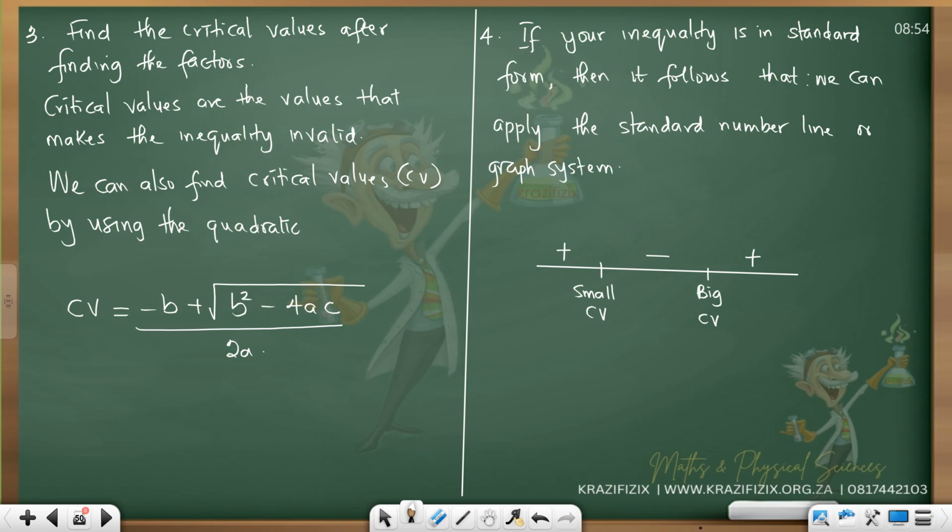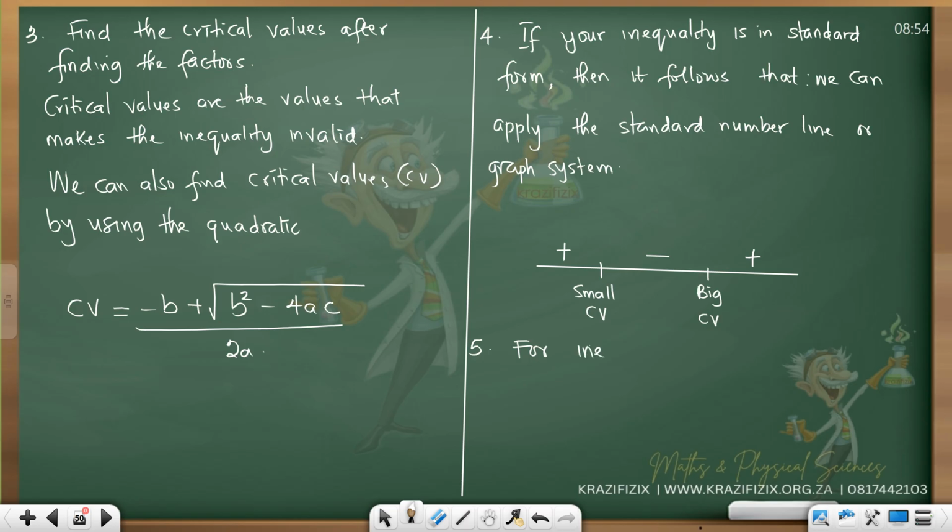Let me put a small note. For inequalities with one CV, it's possible to have one.